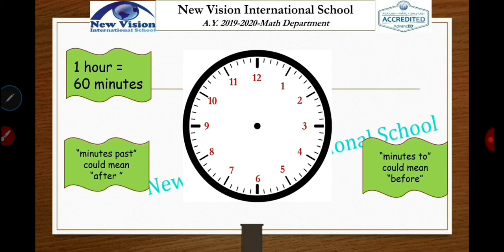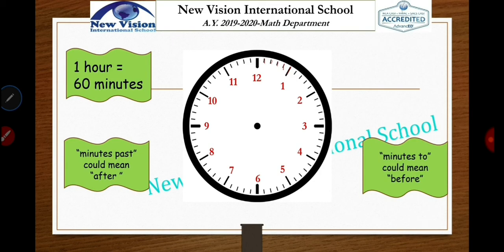So there are only numbers 1 to 12 for the hour. Okay, now you can see the small lines in between the hour. We have 1, 2, 3, 4, and then you will count 5 when you go to the next hour. Now that's what we call the minutes.